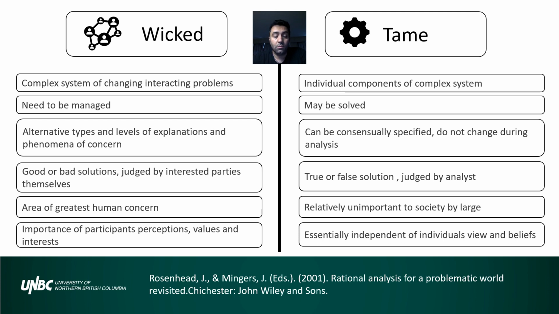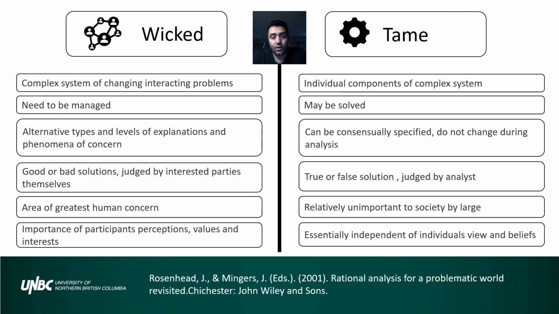The wicked problems have a good or bad solution judged by interested parties themselves, but the tame problems have a true or false solution judged by analysts. And wicked problems are areas of greatest human concern, but the tame problems are relatively unimportant to society at large.